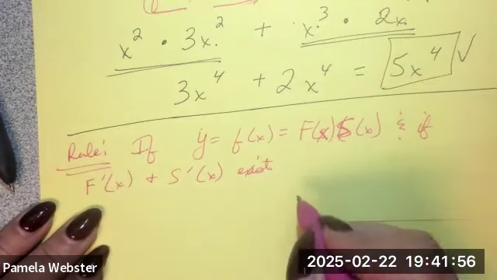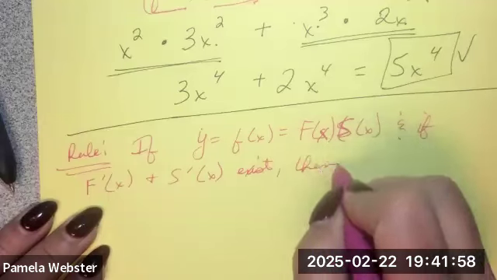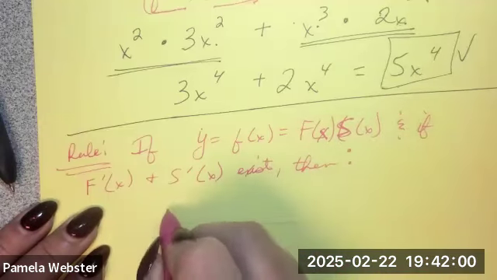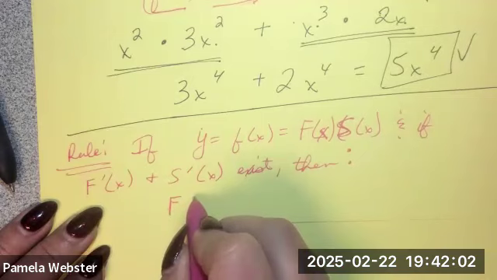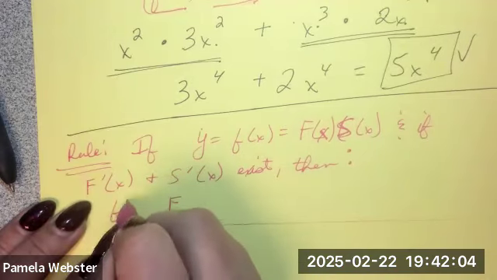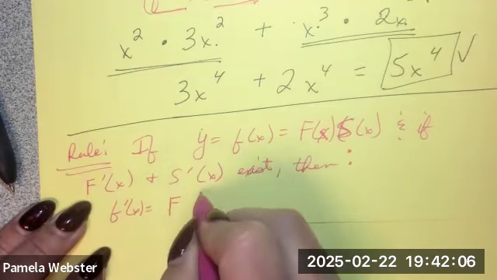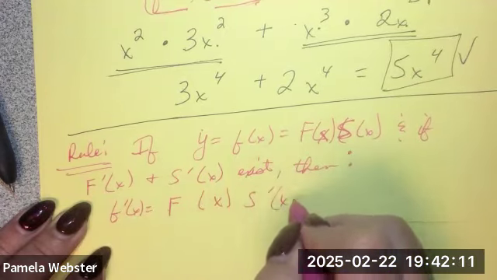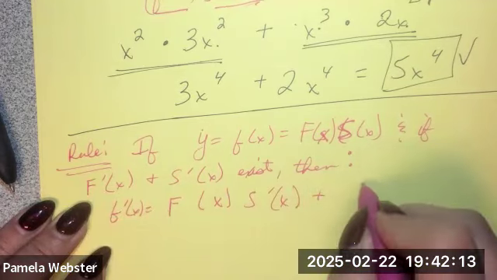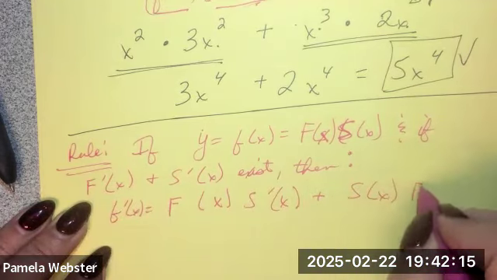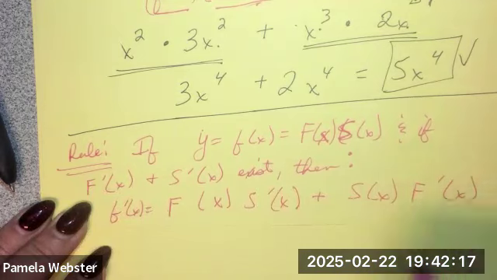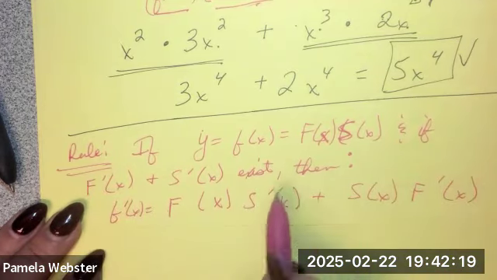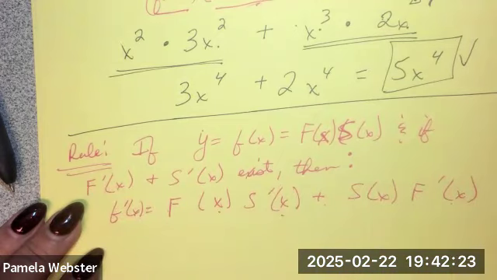But if they exist, then here's our rule. F prime of x equals capital F of x, capital S prime plus S of x, capital F prime. Okay. First times the derivative of the second plus second times the derivative of the first.